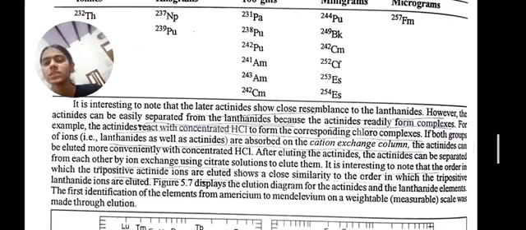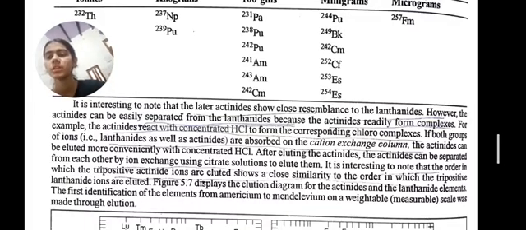It is interesting to note that the order in which the tripositive actinide ions are eluted shows a close similarity to the order in which the tripositive lanthanide ions are eluted. Figure 5.7 displays the elution diagram for the actinides and the lanthanide elements. The first identification of the elements from americium to mendelevium on a weightage scale was made through elution.